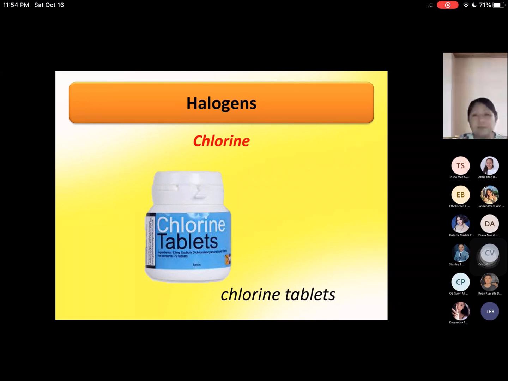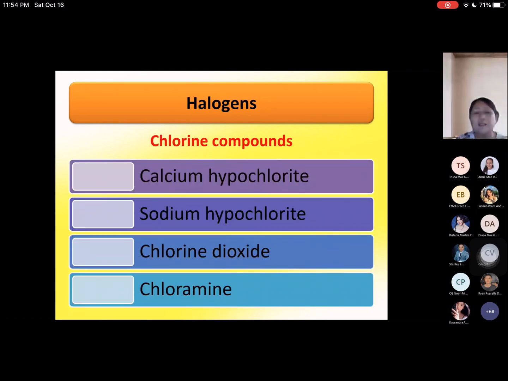Its germicidal action is caused by the hypochlorous acid that forms when chlorine is combined with water. The hypochlorous acid prevents much of the cellular enzyme system from functioning. So that's the chlorine.